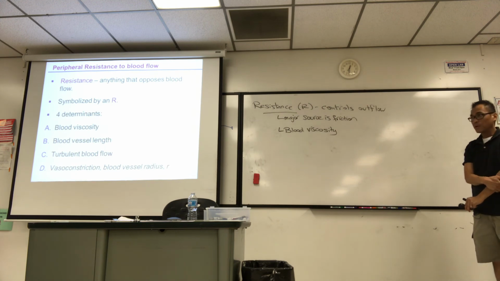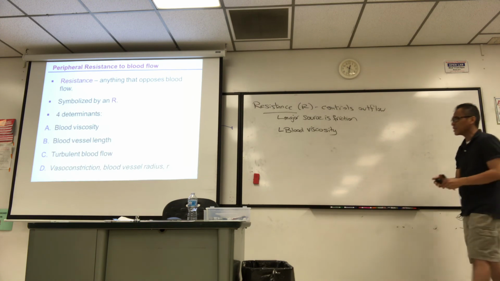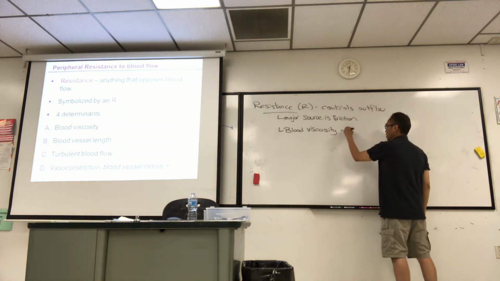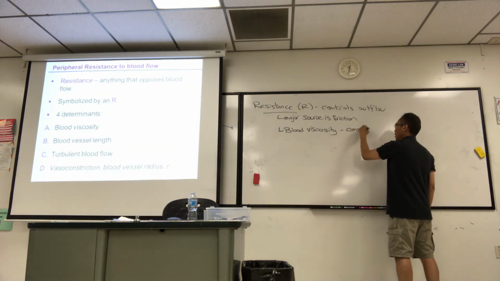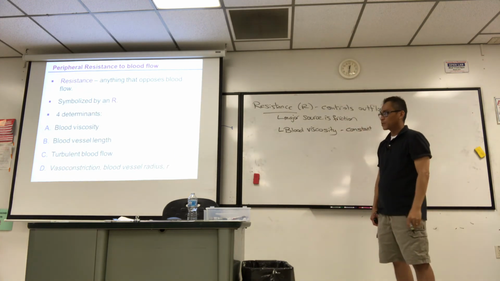For example, water is less viscous than, say, maple syrup. Okay, so blood is somewhere in between there. For adults, the blood viscosity is largely determined by the hematocrit, which stays relatively constant. So in adults, this is pretty much a constant. And I don't really mention it in this class, other than it's considered.